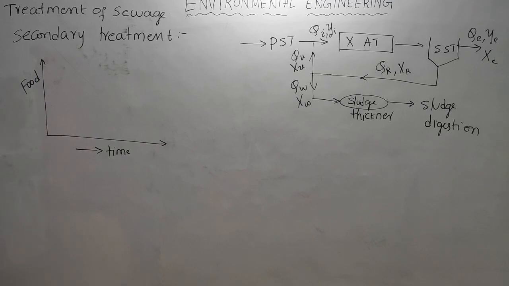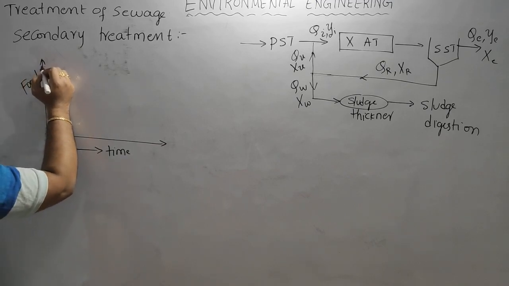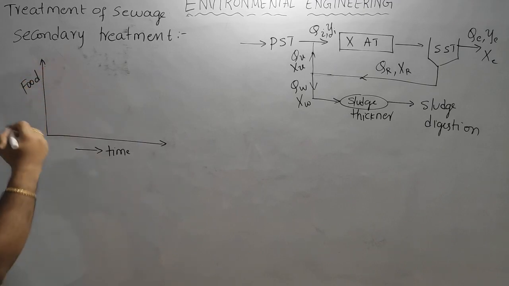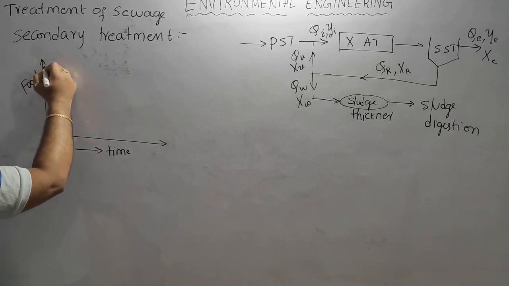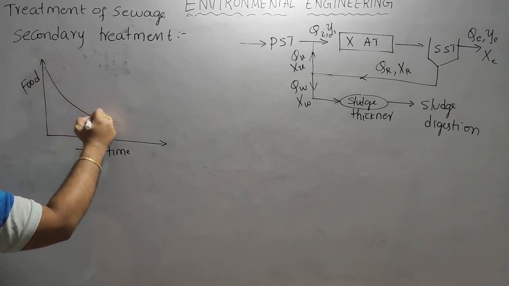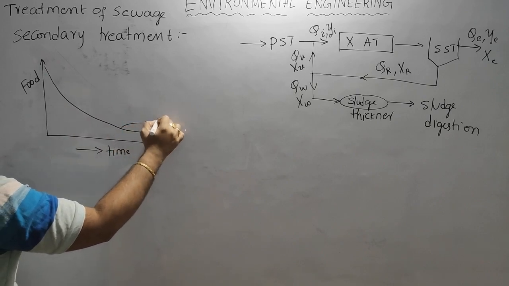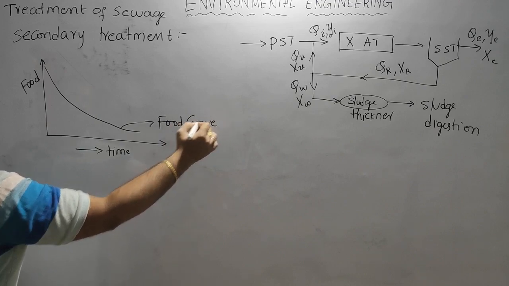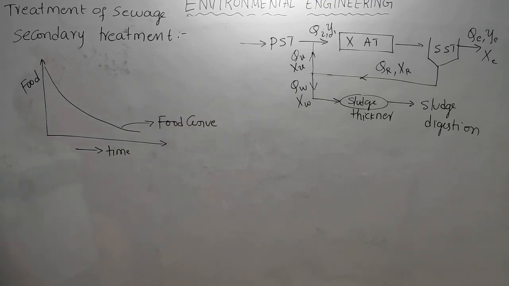But with the time, the microorganisms will start eating the food. So the food will decrease with the time. This is called the food curve, which represents the quantity of food with the time.